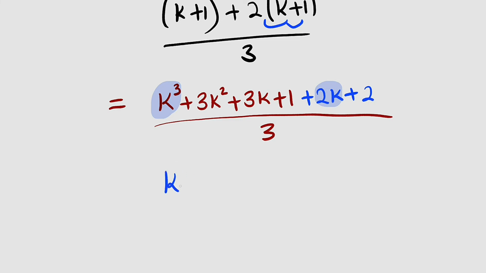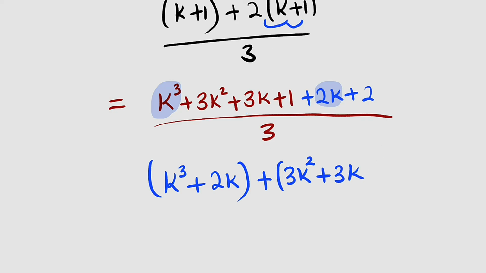So we have k to the third power plus 2k. Then let's group this together, then plus the other terms. We have 3k squared from this, plus 3k. Then you see we have 1 plus 2 equal to 3. So we have plus 3.